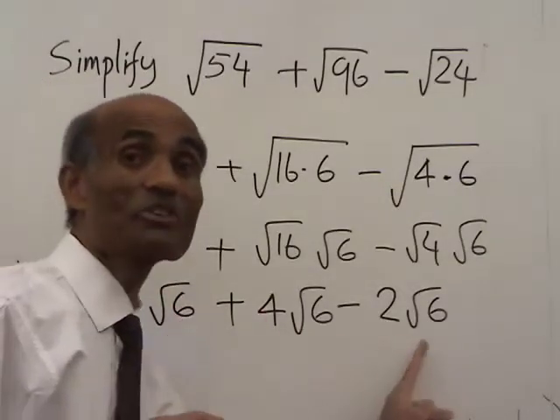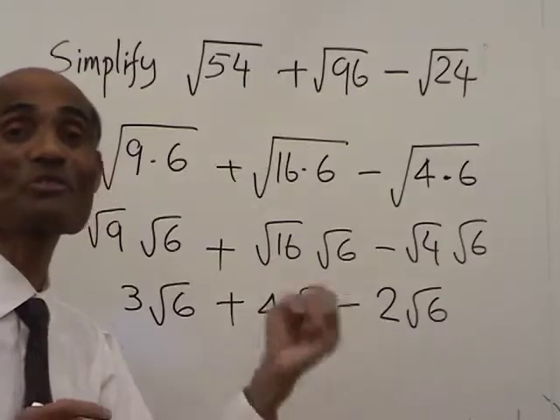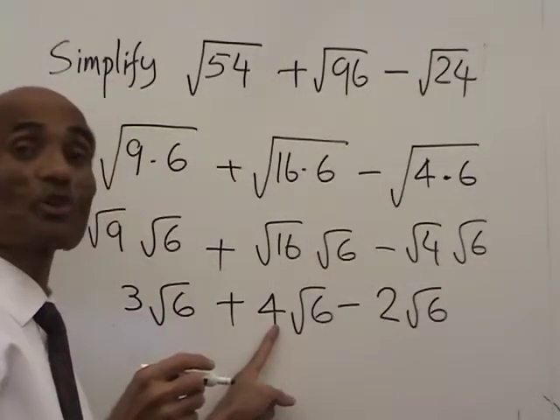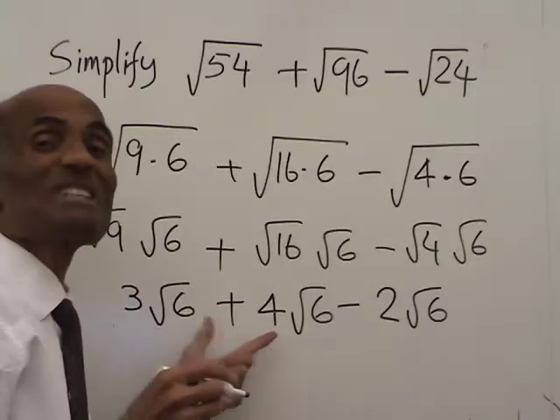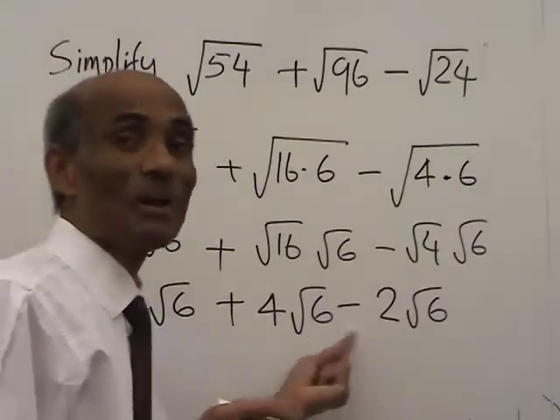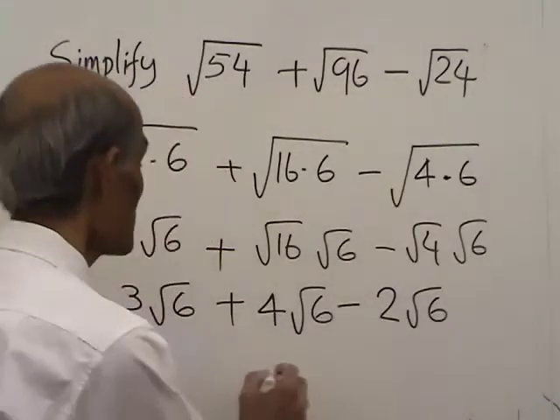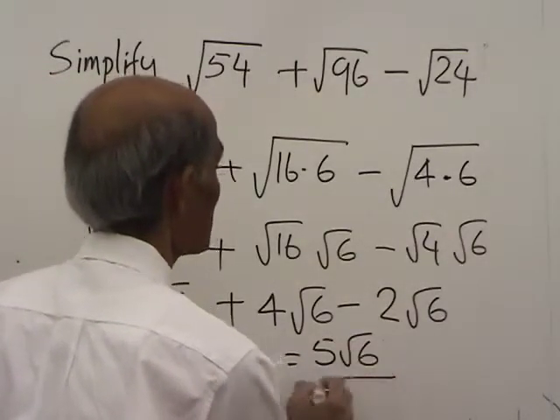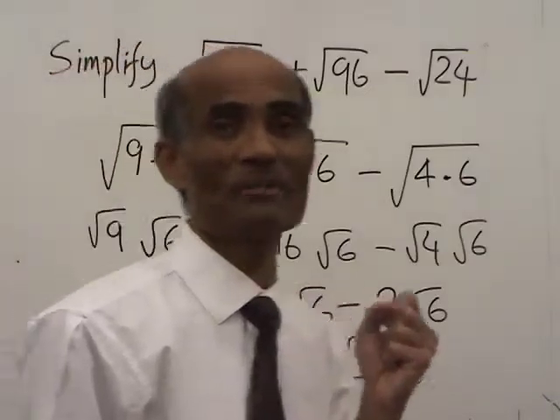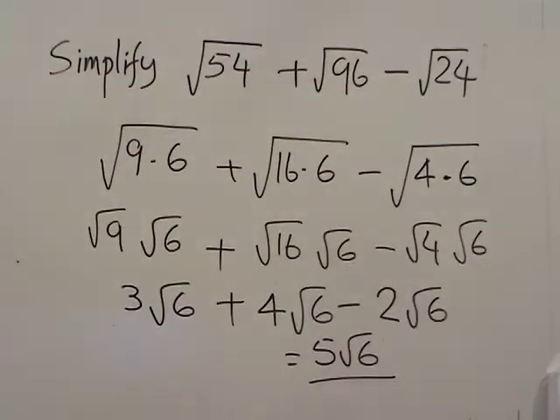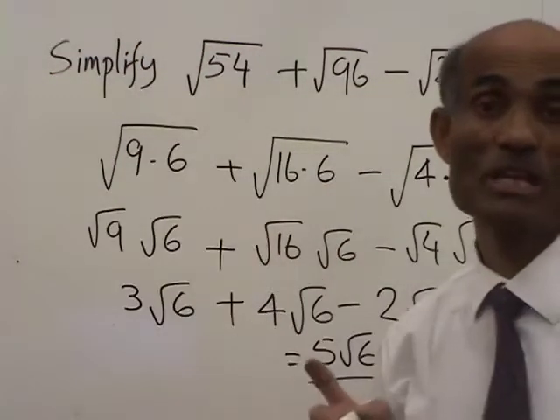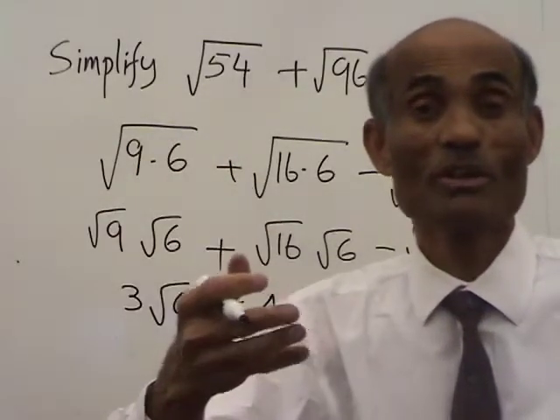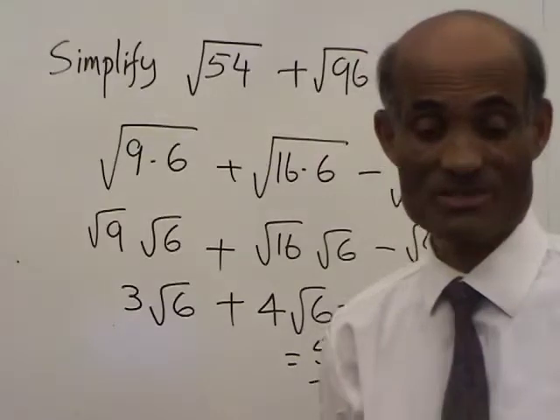All of them are terms containing square root 6. 3 square root 6 can be added to 4 square root 6. That will give me 7 square root 6 minus 2 square root 6 will be 5 square root 6, and that is the answer. You need to go back and do some more of these. We have plenty of examples in the homework and also in the practice tests.